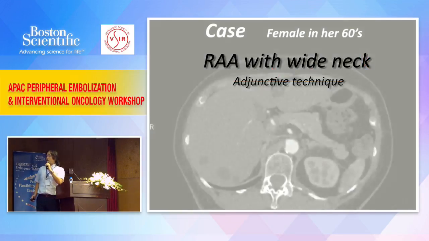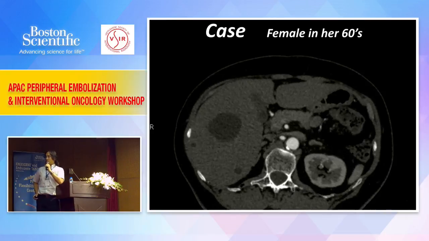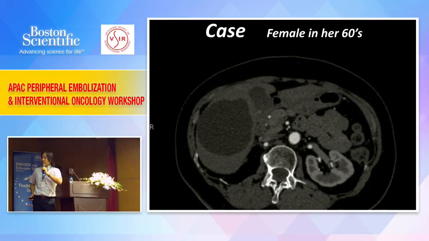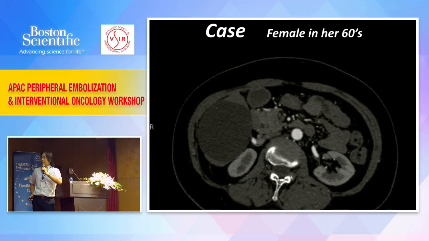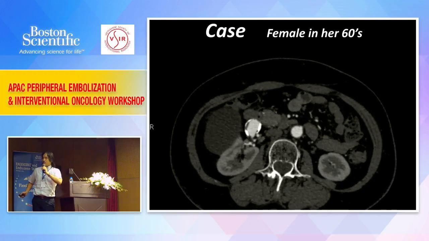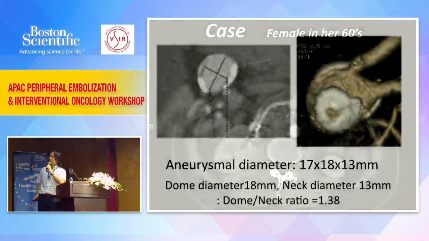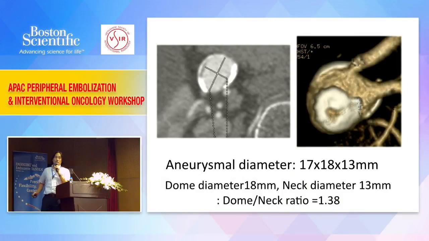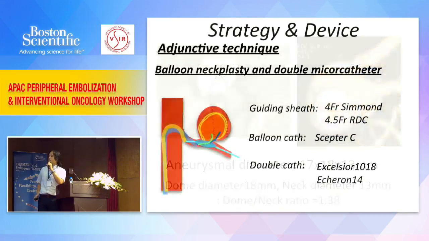So I'll show you the movie. This is a case of a right renal artery aneurysm. Now this is a very wide neck aneurysm, so the coil is easy to protrude to the parent artery.